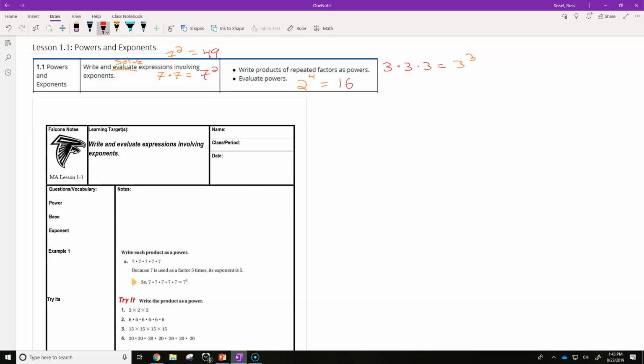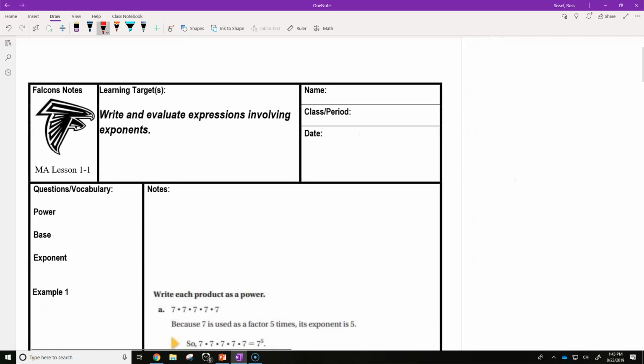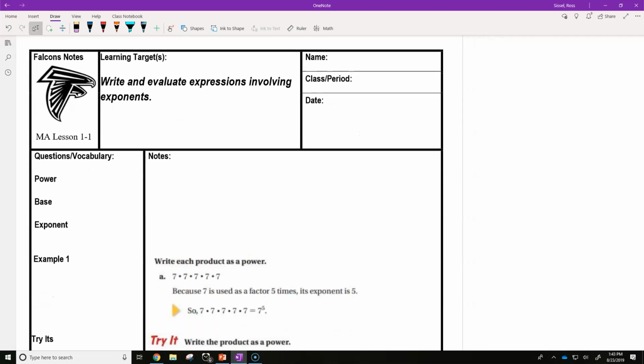Your notes should look like this. They were in your Avid binder. First thing I would do on my paper notes if I was you guys, I would write my name down first, because remember, you have to turn your notes in for a grade.